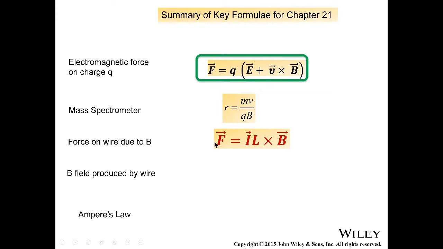The force on this wire, again, is a vector product, I cross B times L, which gives you the direction of the force on this poor wire.